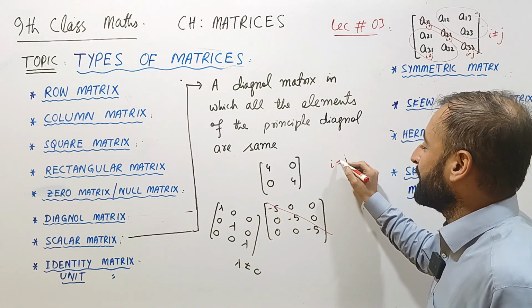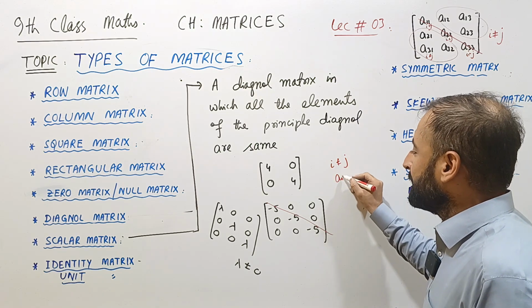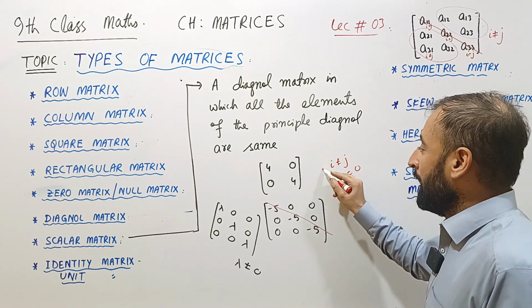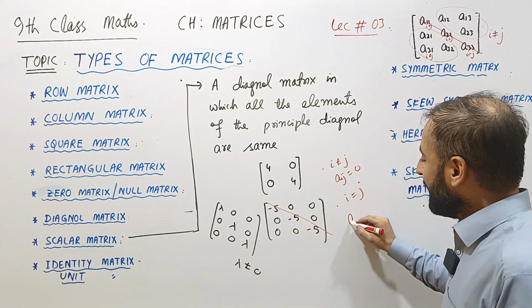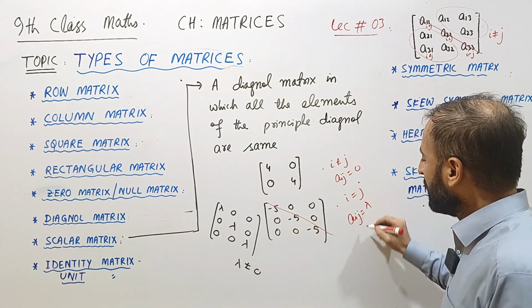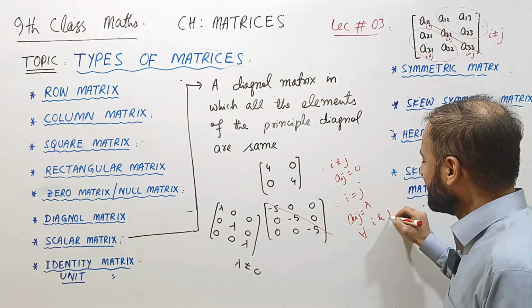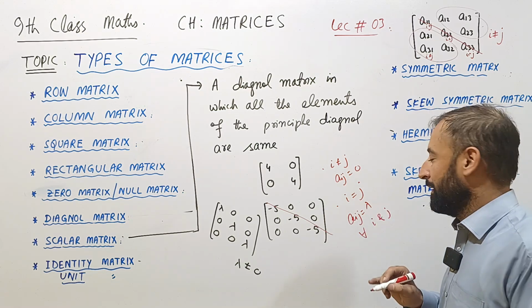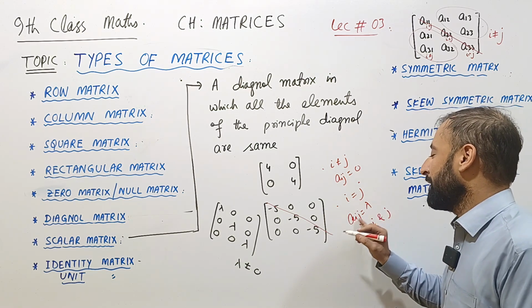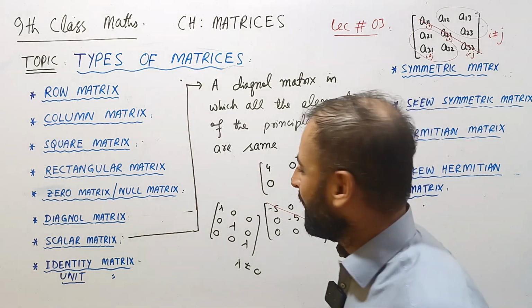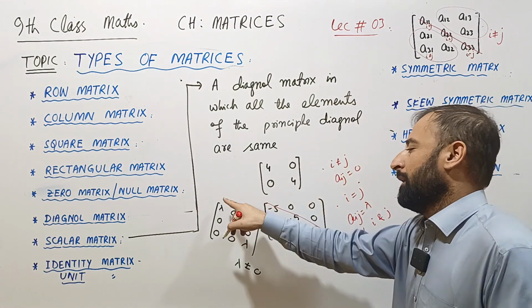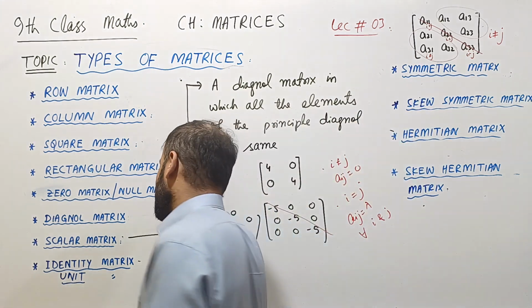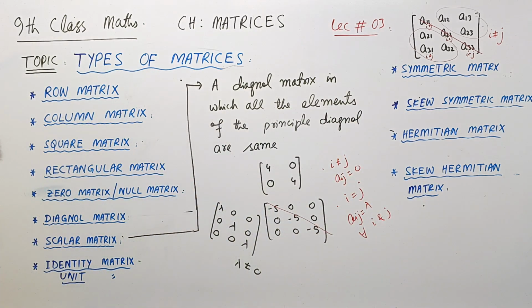So if i and j are not equal, those elements are 0. And if i and j are the same, then aij will be equal to lambda for all i and j. They are the same, and lambda is a non-zero number. This is the definition of a scalar matrix.